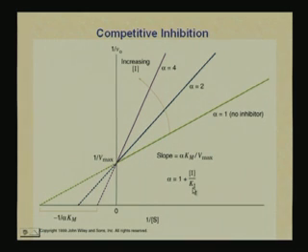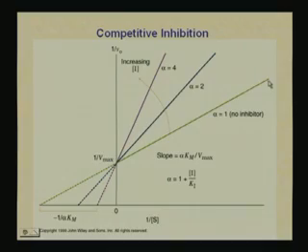Okay? So, when alpha is 1, it means the concentration of I is 0. If the concentration of I is 0, it means that I have an uninhibited reaction. So, my alpha is 1, which essentially means that my Km is what I would have in a normal Lineweaver-Burk plot. So, I have no inhibitor here.